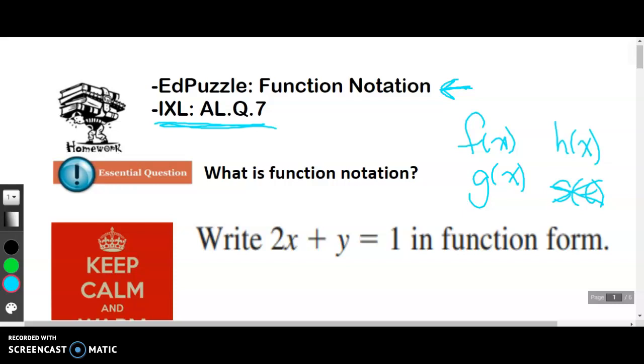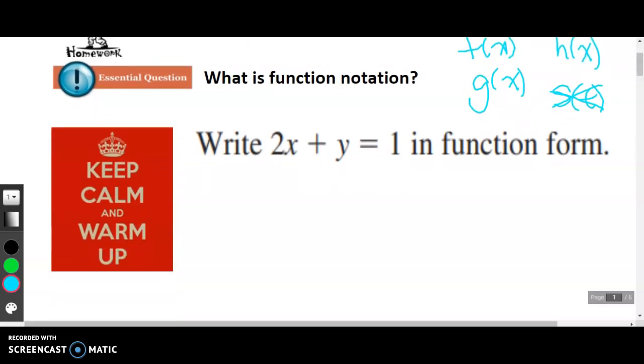Before we begin, I just want to look at this right here, and we're going to write this in what's called function form. Now that you know a little bit about function notation, you know that f of x or g of x or h of x is replacing the y. But you've seen this entire time that the y has been by itself. So in order to write something in function notation, we first must write it in function form, which is solving for y.